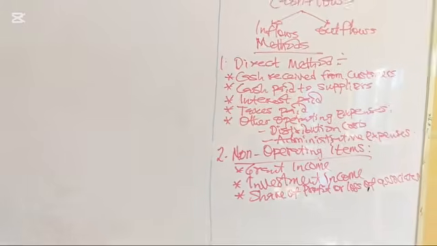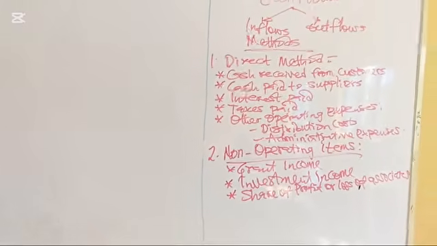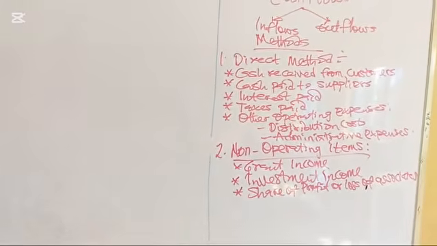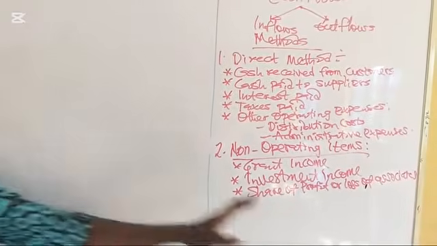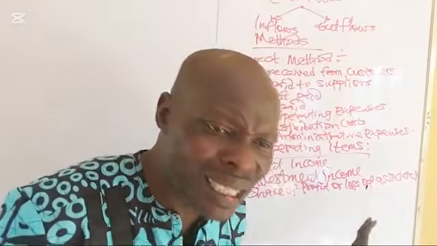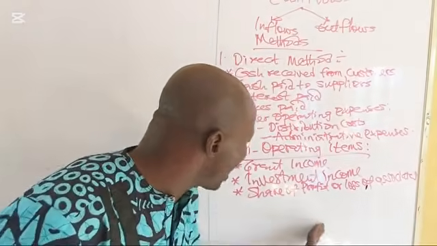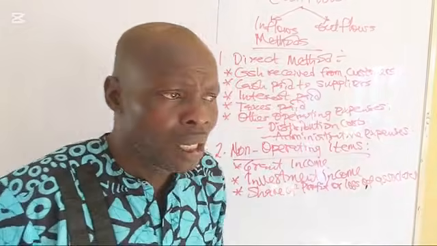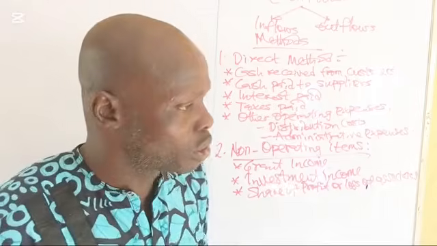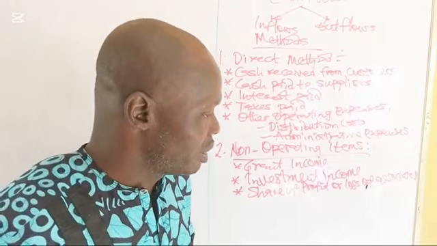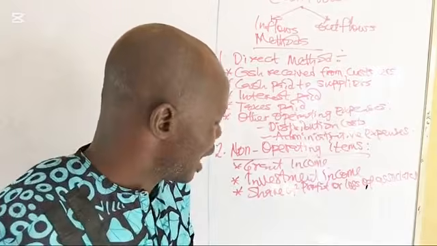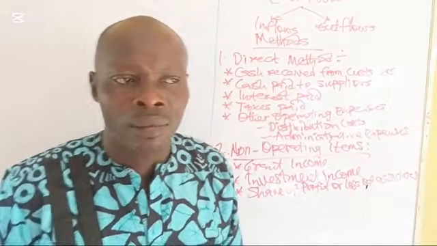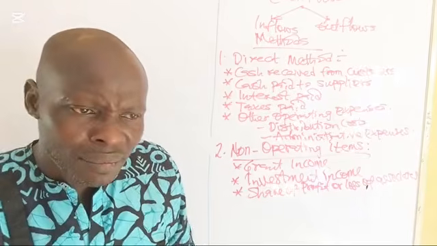You eliminate its impact because that profit is not from operating activity. That is why its effect needs to be removed in order to get the cash flows from operating activities. Are you following me?